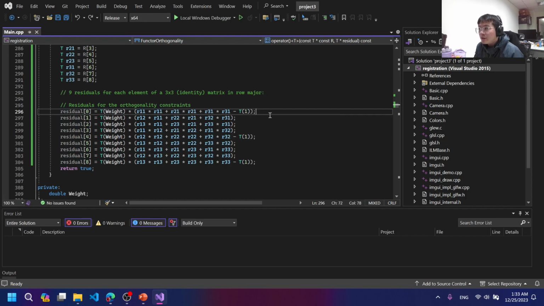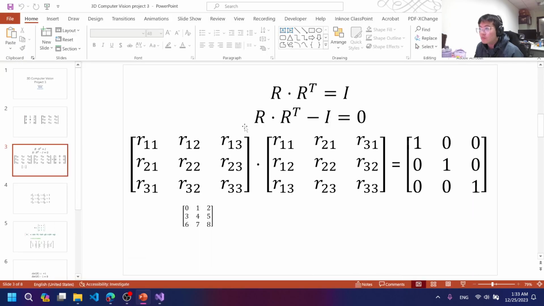Now you'll see that for some places there's a minus t1. That's because the columns of our rotation matrix, when they are squared, are equal to 1.